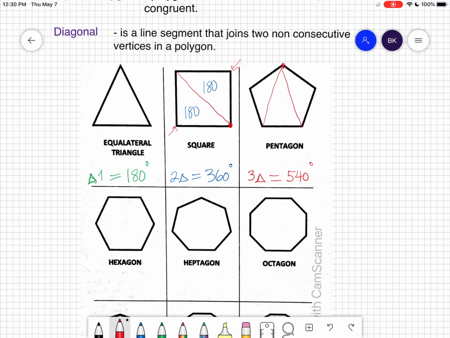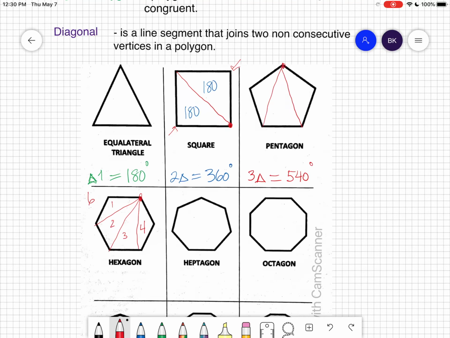Moving on to the hexagon. It has 6 sides, so I'm going to write that down. Again, I'm going to choose a vertex, this one right here, and then draw diagonals to each non-consecutive vertex, and that's splitting this into 1, 2, 3, 4 triangles.